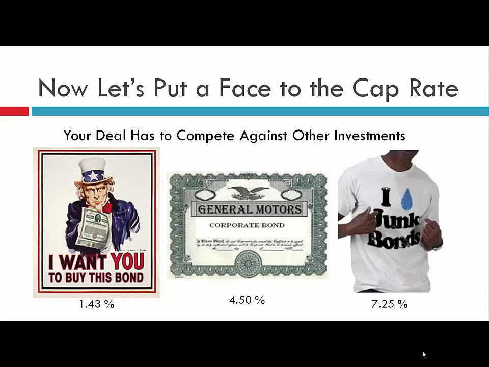So they come along with different types of investments that she can put her money in. Government bonds, blue chip, and I use that term loosely, seeing it's General Motors here, blue chip corporate bonds or junk bonds, all depending upon what grandma is comfortable with. Now, grandma, she's very, very conservative.